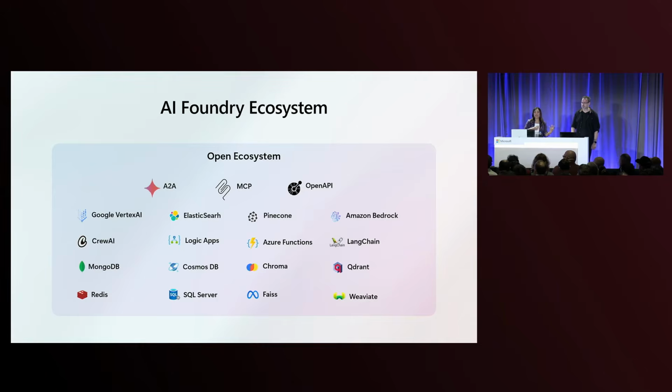So whether you're building agents on Foundry or using agents from other providers, you can use protocols like agent-to-agent, which enables agent-to-agent communication, or the Model Context Protocol, which enables the agent to invoke certain tools, as well as use any API that has been described with an OpenAPI description in order to invoke that particular tool. In a minute, we're going to see how we start adding tools to the agents so that you can see this in action.